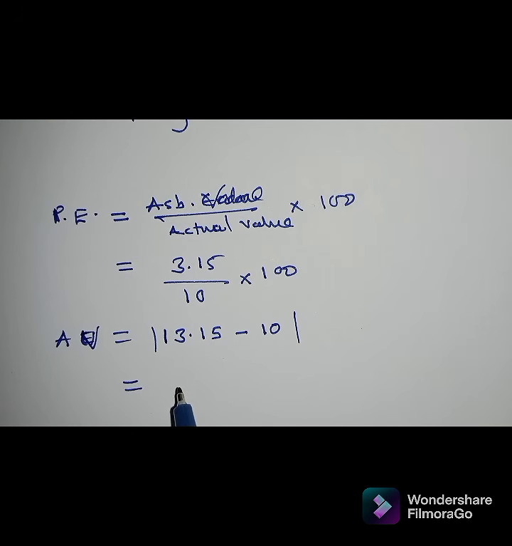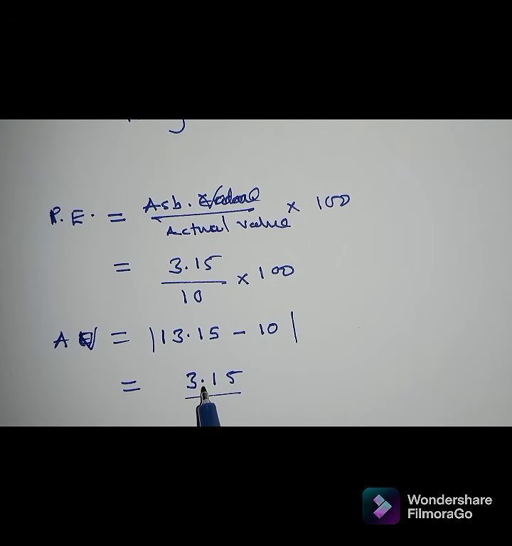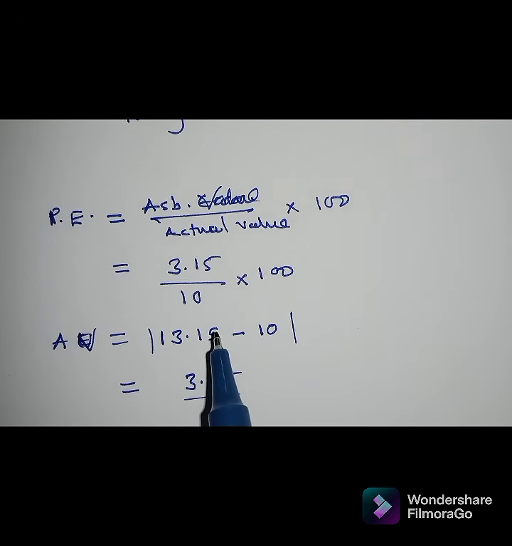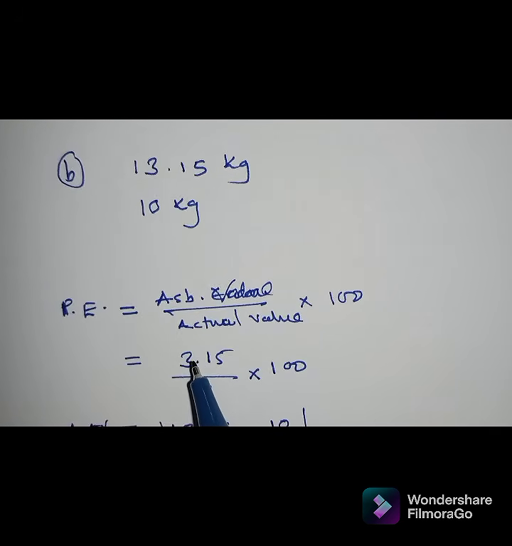And when you work it out, 13.15 minus 10 will give you 3.15. In case you get your answer as a negative, change it to positive, okay? So this is what we've done here.